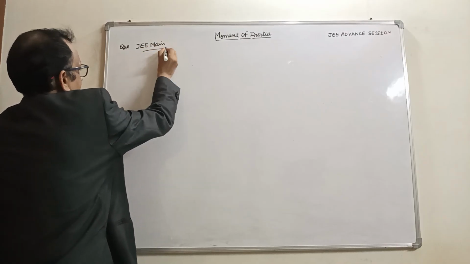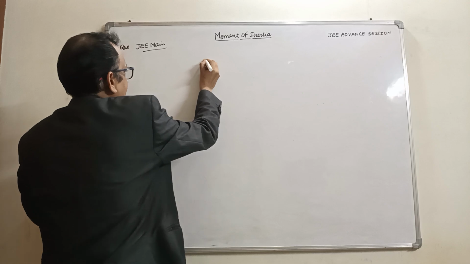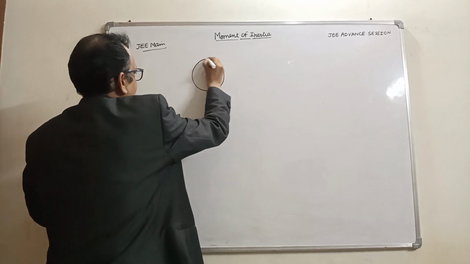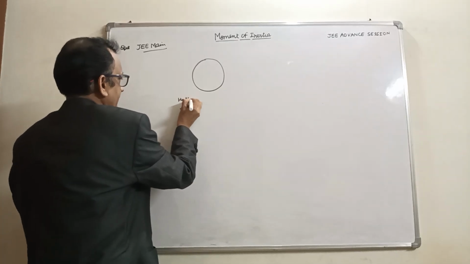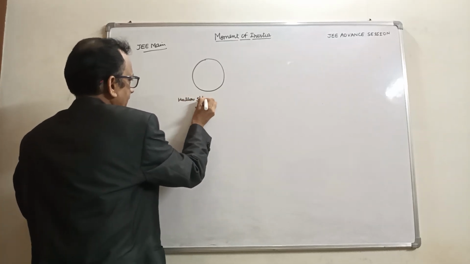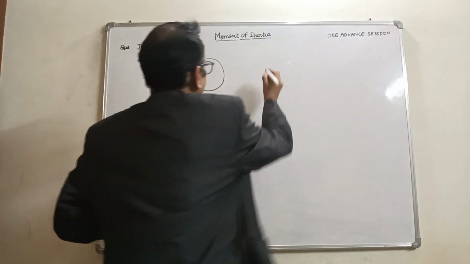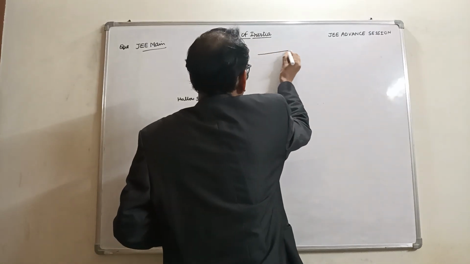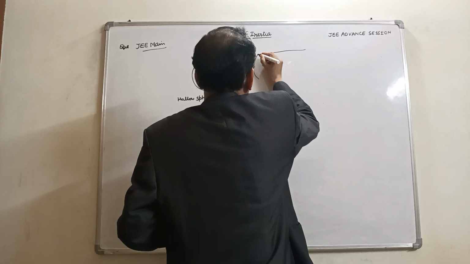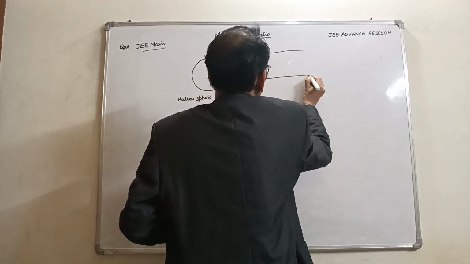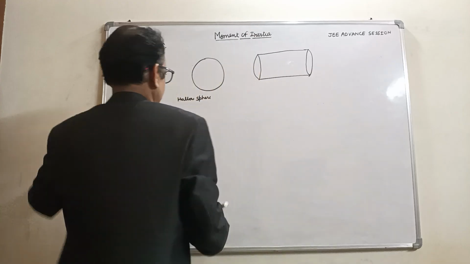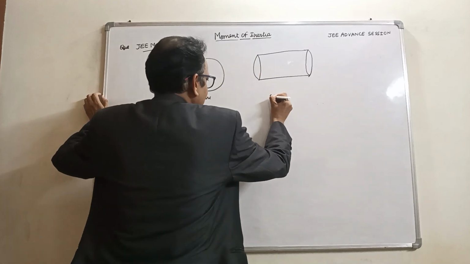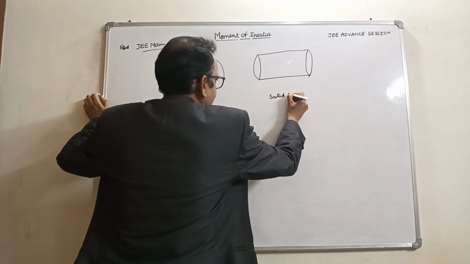This is good question here. We have given a hollow sphere, and this is a solid cylinder. This is a hollow sphere and this is a solid cylinder.